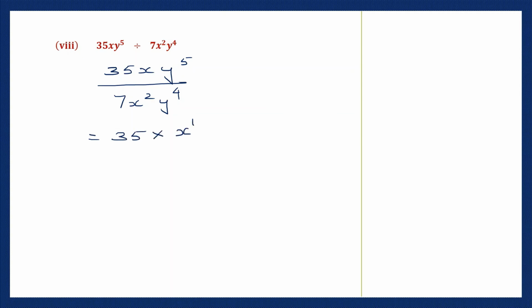Here we have 1 and then we are taking this 2 from here. So it becomes minus 2 and then into y we have 5 minus we have 4. We are taking this minus 4. And in the denominator what is left is just 7.